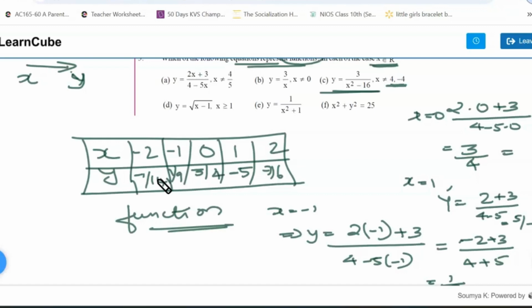Okay, whatever negative also you give inside, it will turn to positive because it is a square. So you will have two y values for the same x. So in that case, it cannot be called a function. So this is not a function. So try in this manner other options also. Okay, hope you understood what is the difference between a function and a non-function equation.